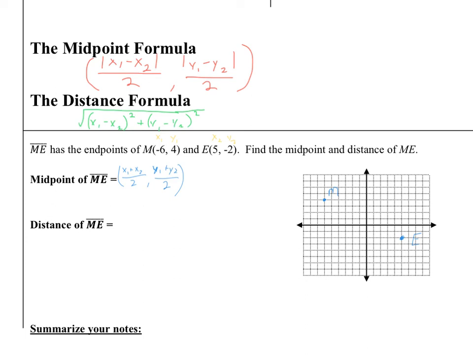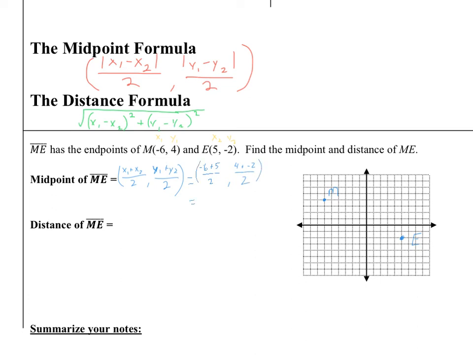So looking at my numbers here, x1 is -6 plus 5 divided by 2. And then for my y coordinate, I've got 4 plus -2 divided by 2.